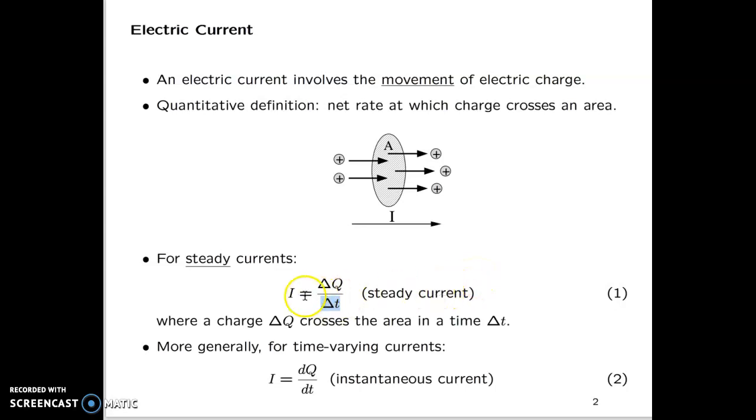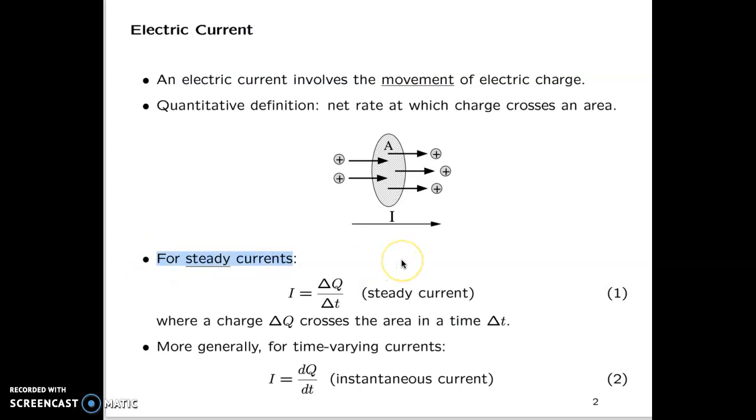The symbol for the current is the uppercase letter I, and I is defined as simply the charge divided by the time. Okay, well that's not completely true. That's true if we have a so-called steady current.